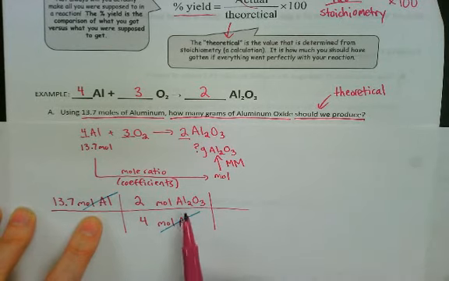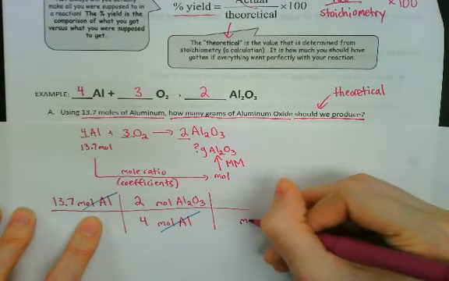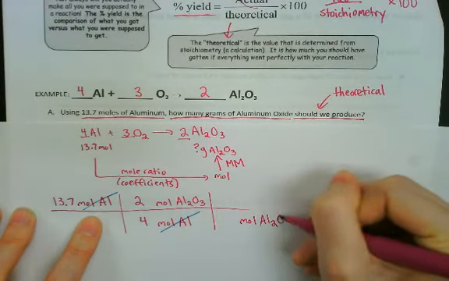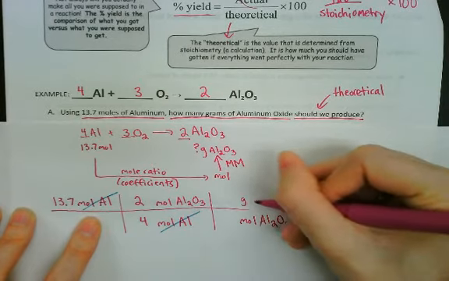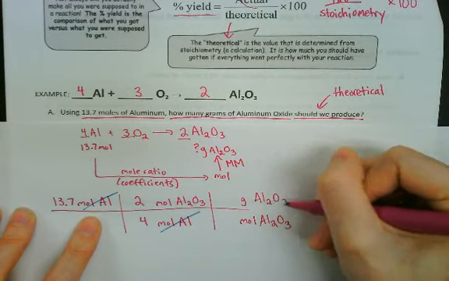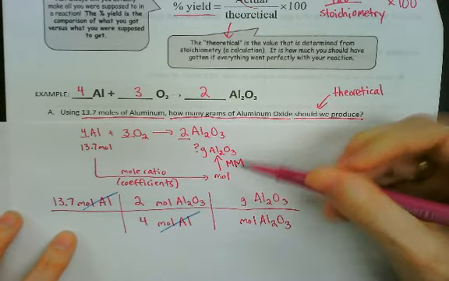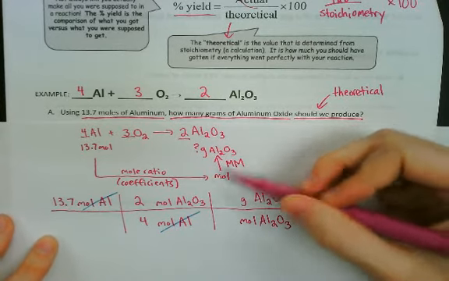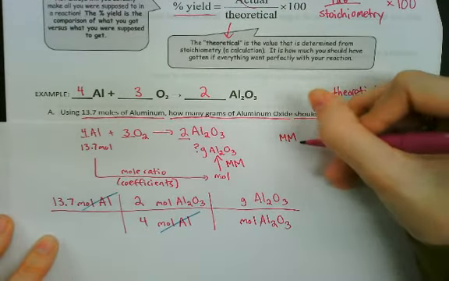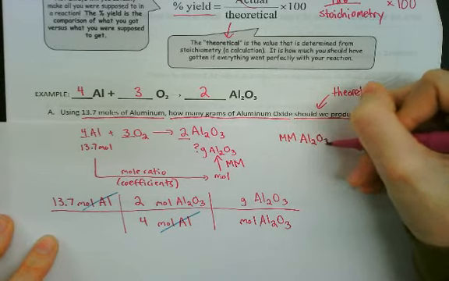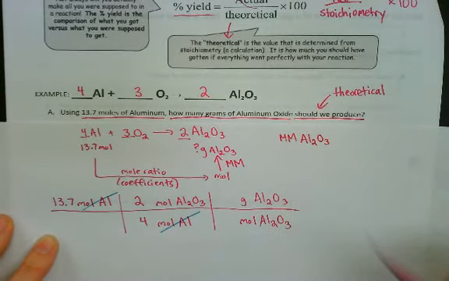So now we want to convert moles of aluminum oxide to grams of aluminum oxide. In order to do that, we wrote that we needed the molar mass. So I'm going to make myself some space to show my work so I can go ahead and calculate that molar mass.